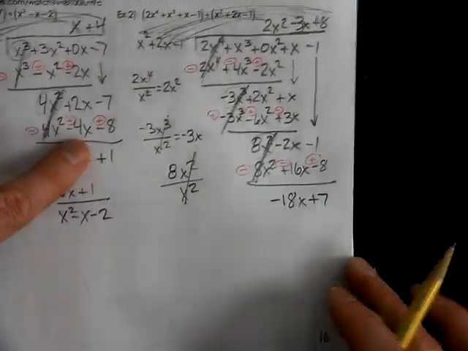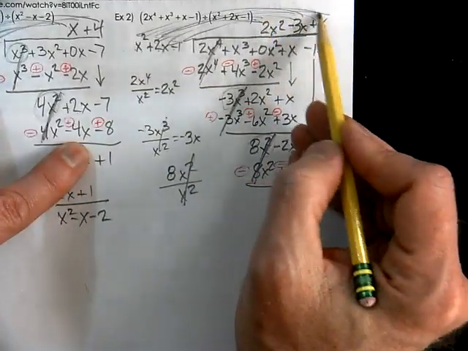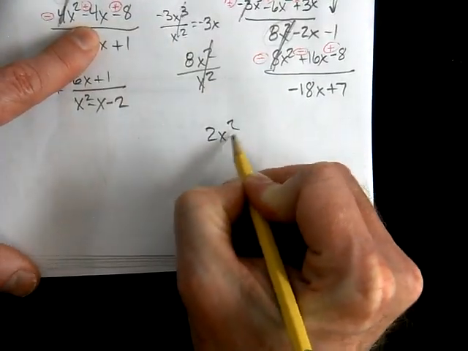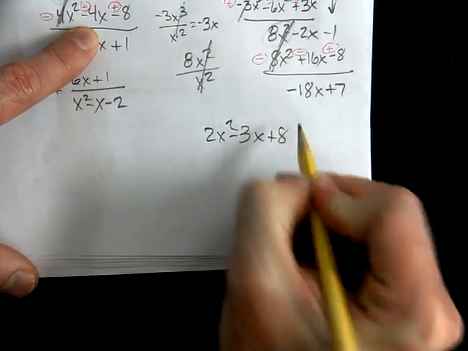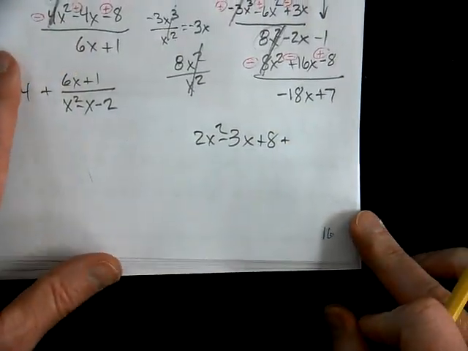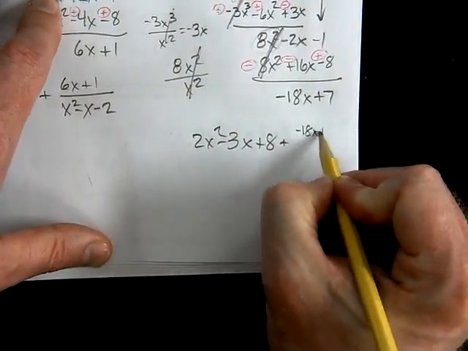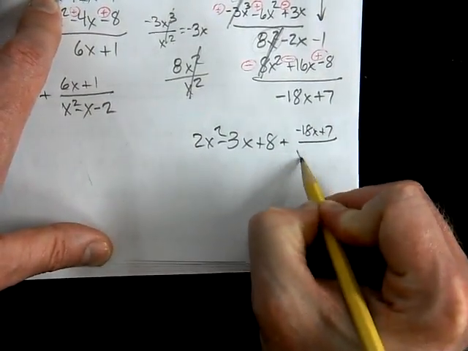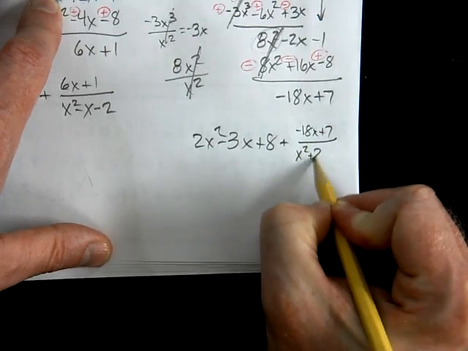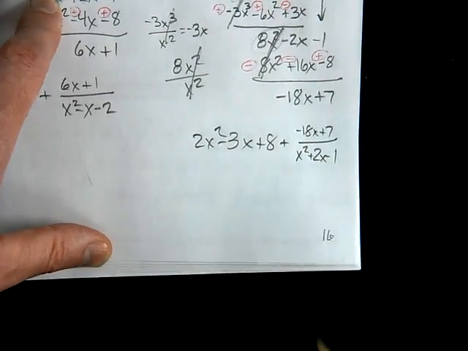So our final answer is 2x squared minus 3x plus 8. And you got to put a plus. Then you put your negative 18x plus 7 with your divisor.